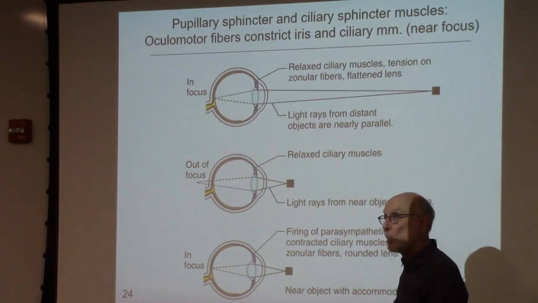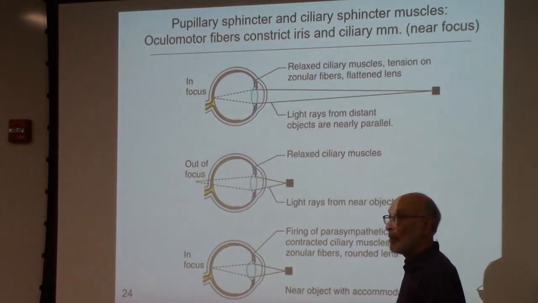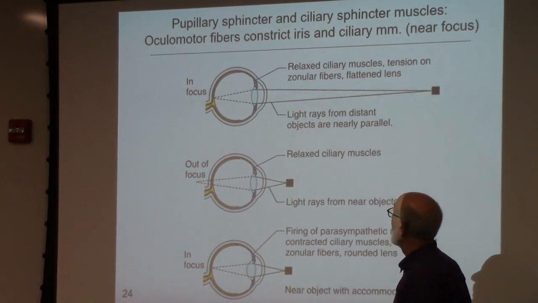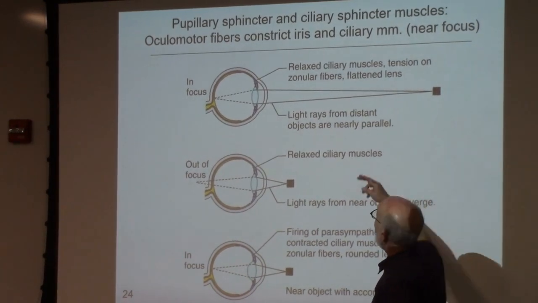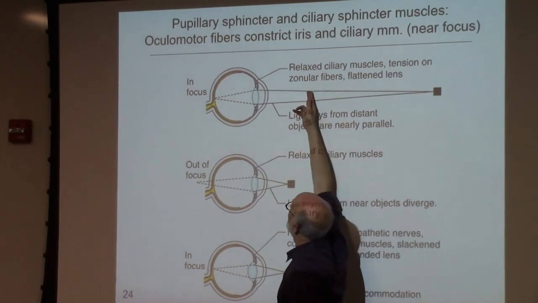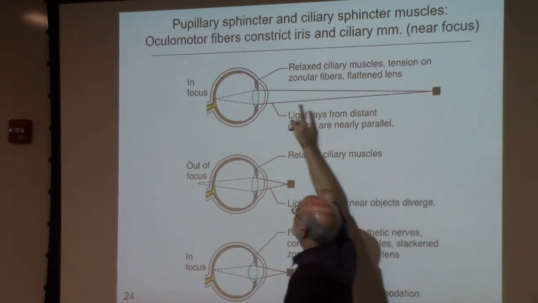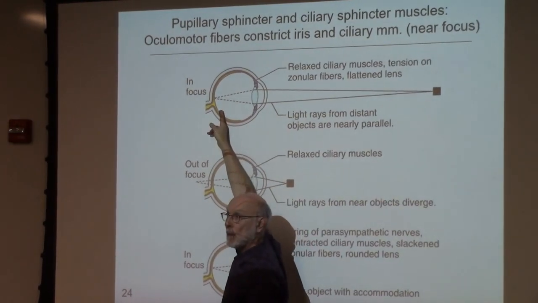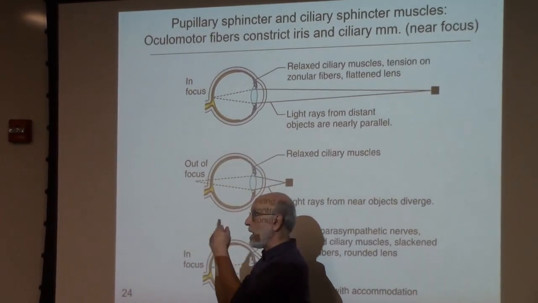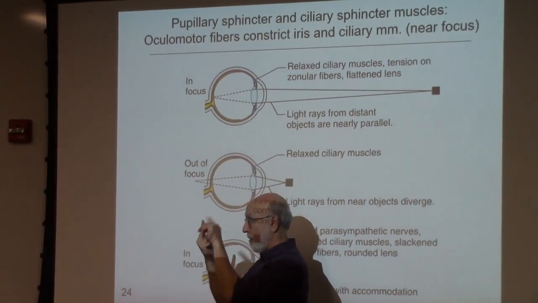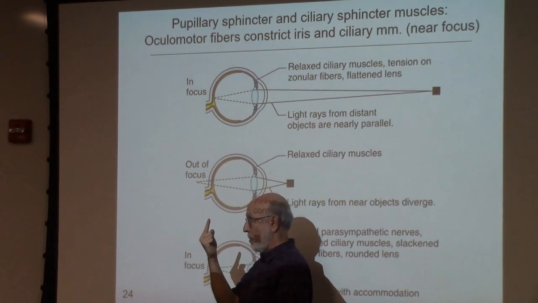Yeah? I'm confused with how both in focus and out of focus without relaxed ciliary muscles. Well, if I have a relaxed ciliary muscle and I'm focusing on a distant object, the object is in focus on my retina. Right now I am focusing on Bundy. My fingertips are right there, right in my fovea, but it's not in focus.